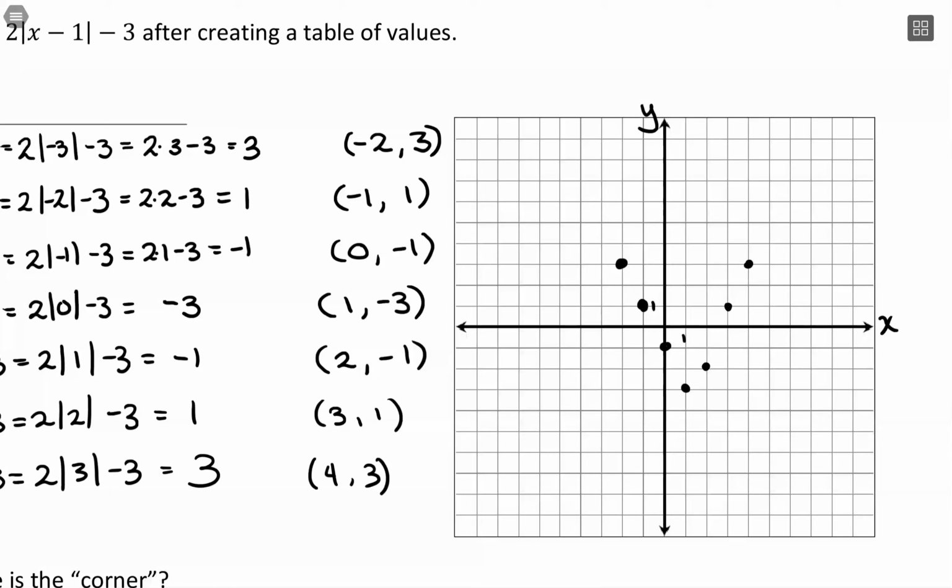Alright. Ooh, I missed something, because I don't have a straight line there. There we go. 2, -1. I just put the dot in the wrong spot. Alright. Here is our function. And put some arrows at the end because it's going to continue on forever.